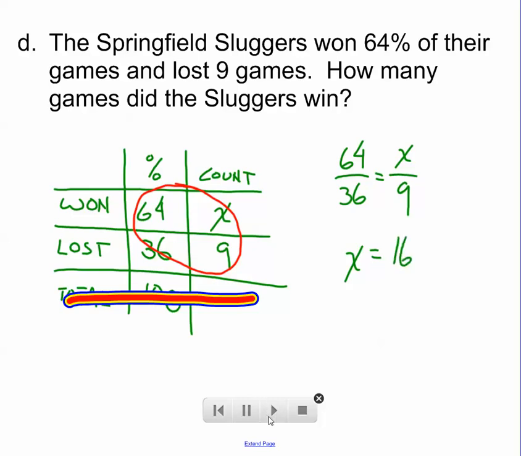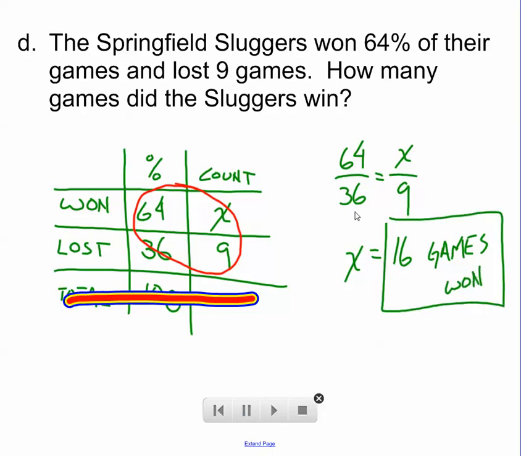I solved this one using inspection. I'll explain. 9 times 4 is 36, or 36 divided by 4 is 9. 64 divided by 4 is 16. So they must have won 16 games. So they won 16 out of their 25 games, which is 64%.